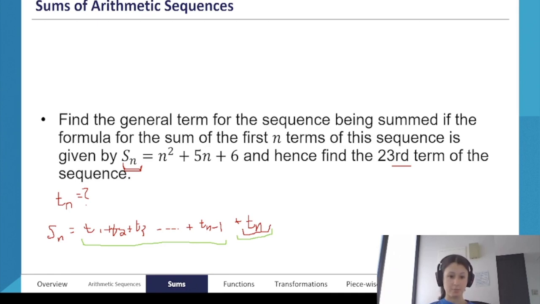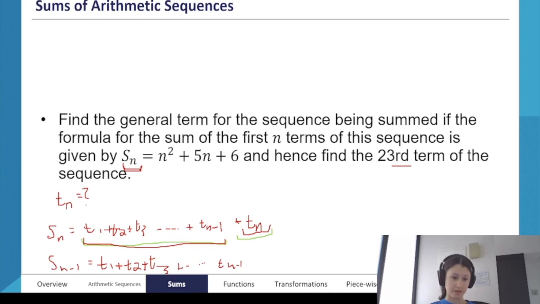Again, pause the recording, have a think about it, see if you can have a go. But the way that we actually need to do this is we need to think about how to take away all of this stuff beforehand. If we think about the sum of the terms only up until this point, we're going to have the same thing, term 1 plus term 2 plus term 3, and so on, up until the term n take 1, right?